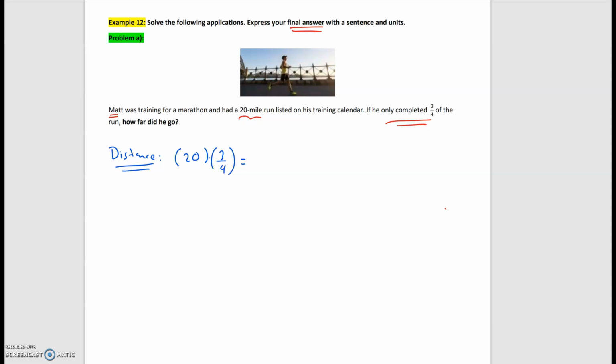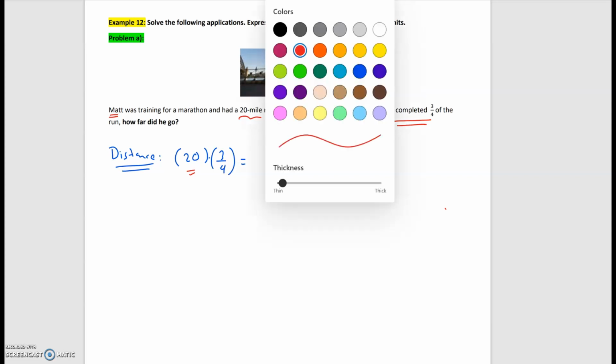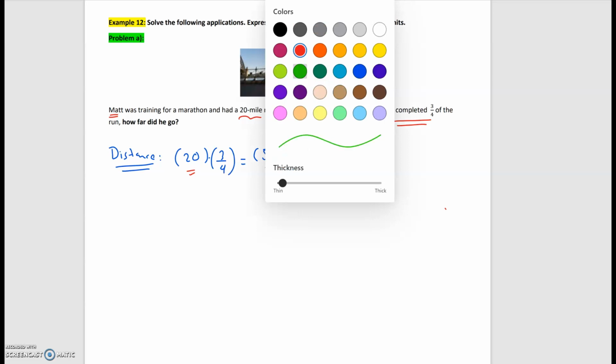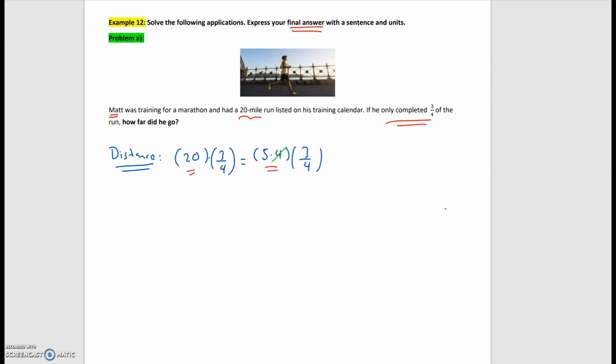And let me actually reduce the 20. Not reduce, express it as a common factor. So in this case, the 20 will be 5 times 4, and then 3/4. The main idea here was to express the 20 as 5 times 4 and then carry out the cancellation.